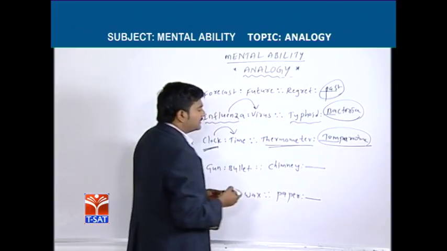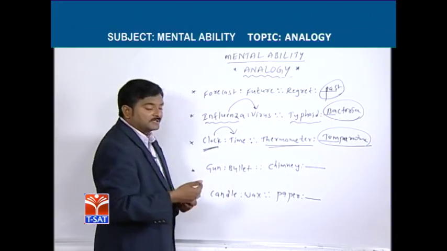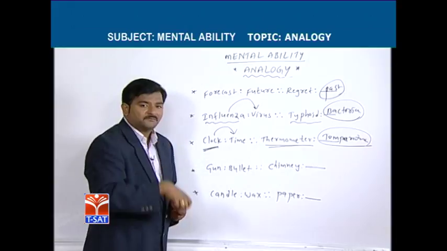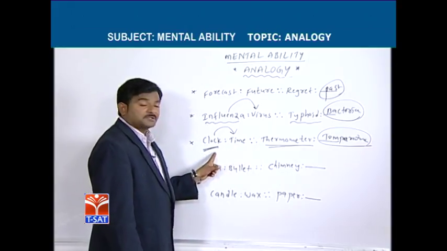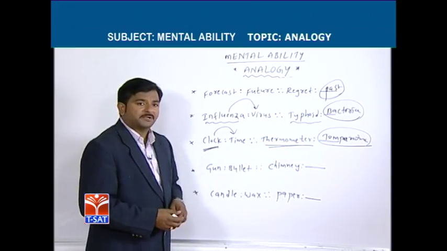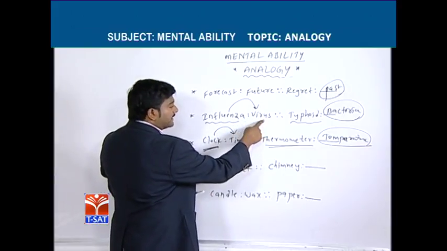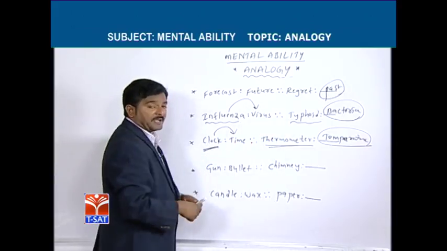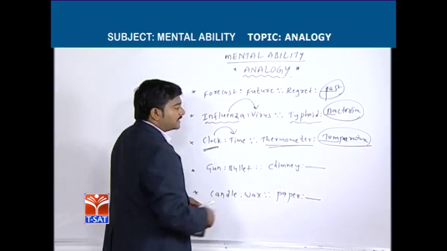So the first one is the machine, and the second is what we measure using that machine. Time can be measured by using a clock, temperature can be measured by using a thermometer. That is the concept.